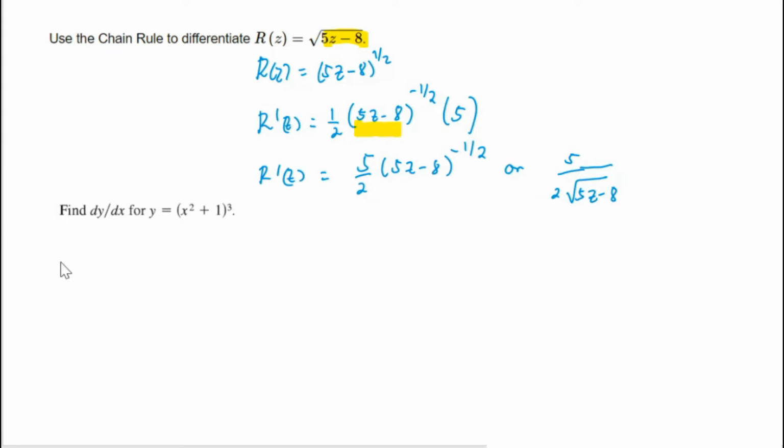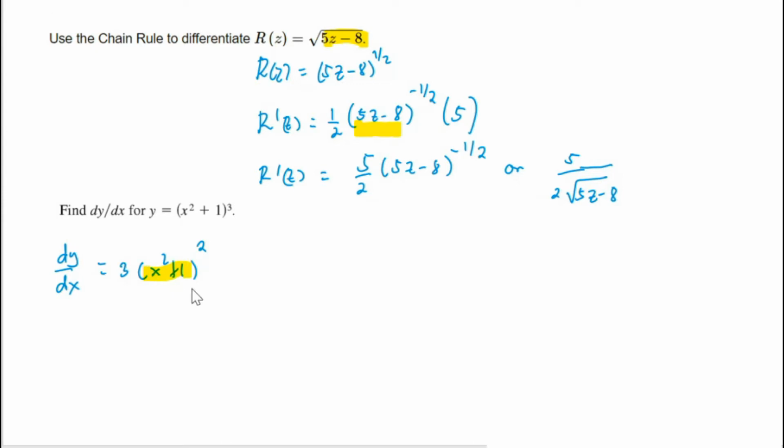Now for number 2, we are asked to write dy over dx. So we have dy over dx is equal to, apply the power rule first, 3 times x squared plus 1, and then subtract the exponent: 3 minus 1 equals 2. After that, we're going to use the chain rule. From the power rule, the second part is the derivative of the base, x squared plus 1.